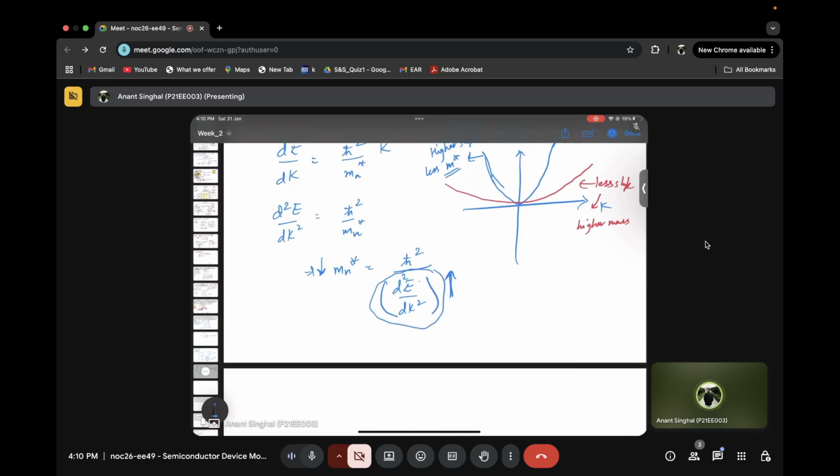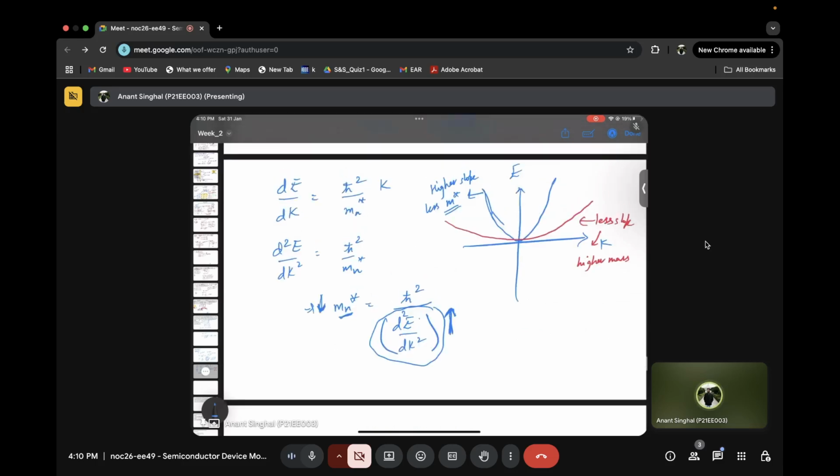What I'm saying is that if we have this term as high, because it is in the denominator, mn will be lower. So the slope you can see is higher there. This is more sharp. If you differentiate this, this will be sharper, and the red one will be more constant. So as we have a higher slope, we will have a lesser mass. That is what I've written. And the opposite of this is this.